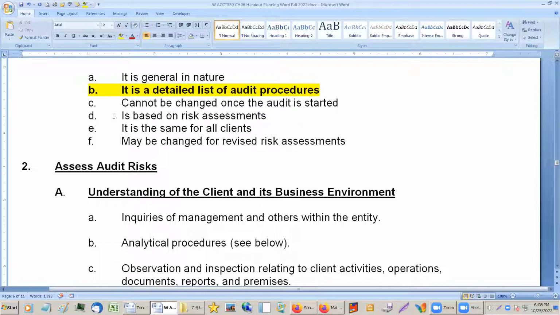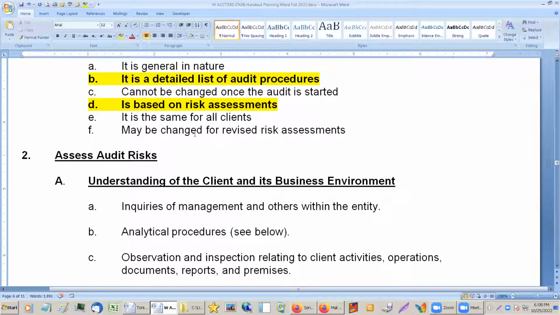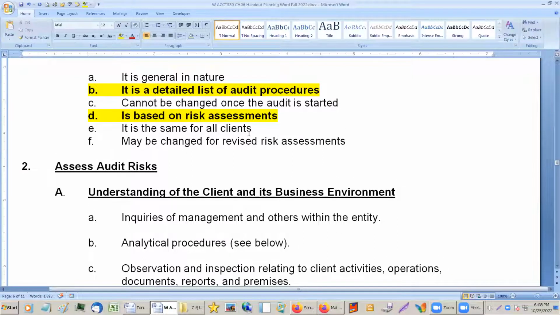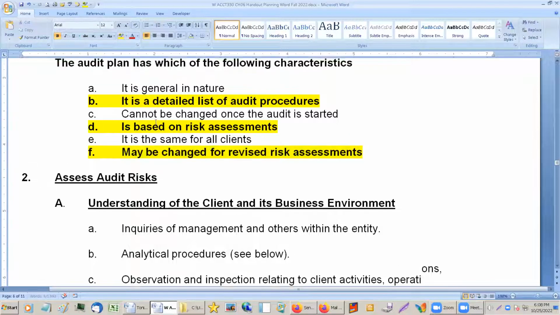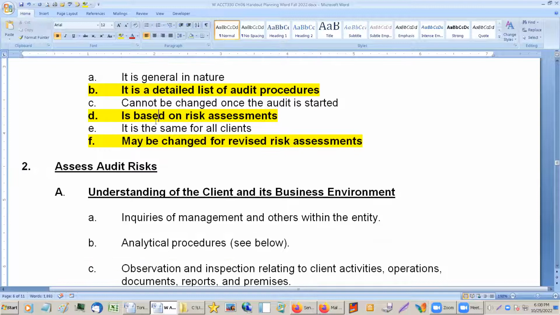We just talked about it. No. Is based on risk, yes. It is the same for all clients. No, I'll talk about that in a second. Maybe change for revised risk assessment. This is true. So the answers to the first one here are B, D, F. Those are all parts of it. The other 3 are not.